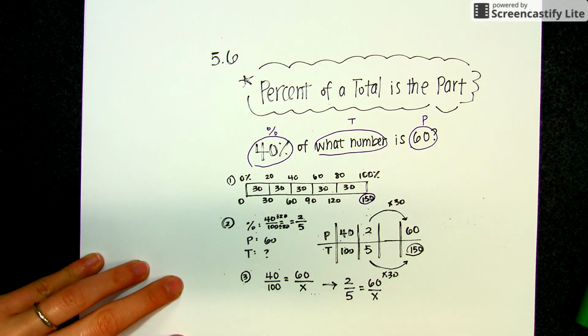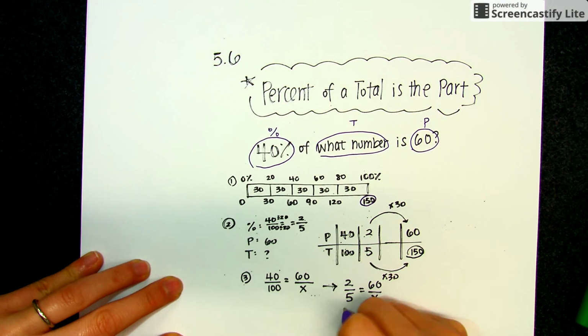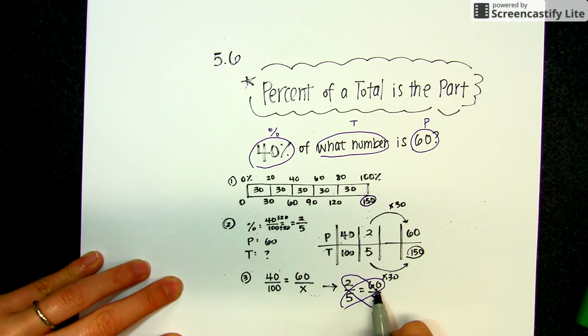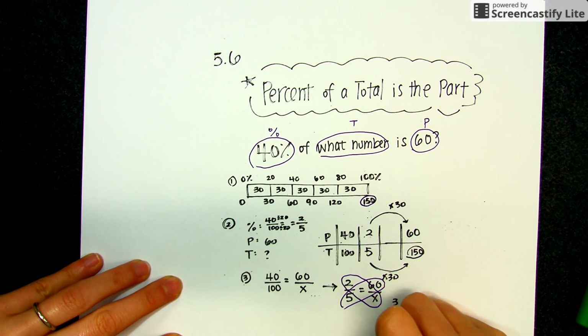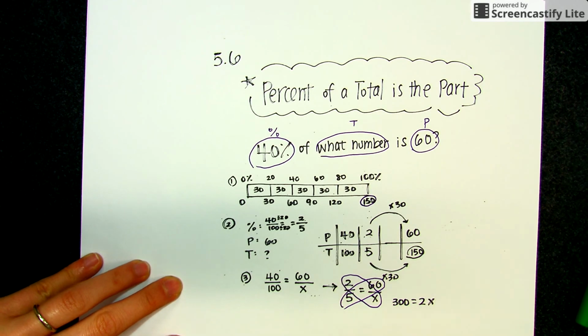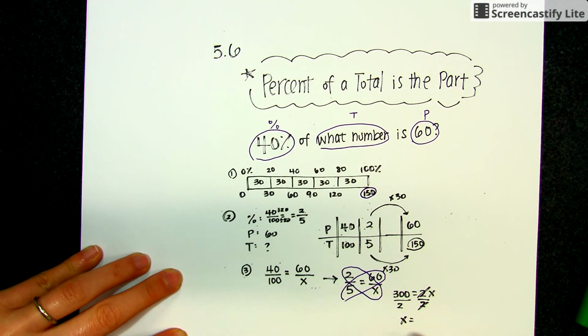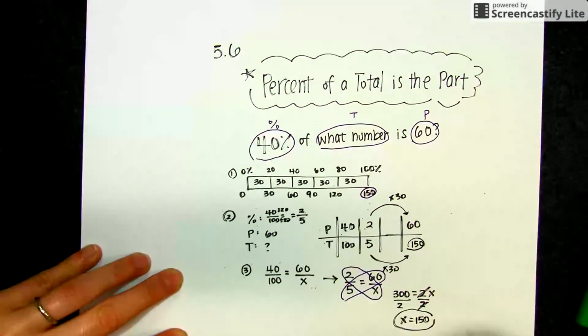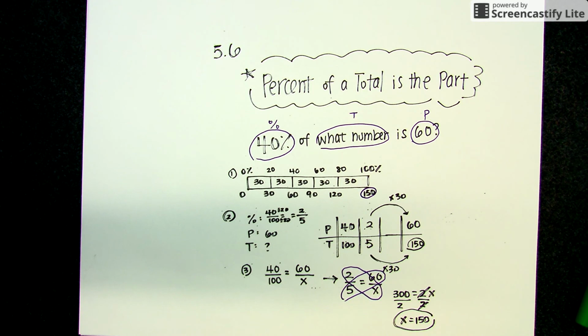Now you're multiplying smaller numbers. Now you cross multiply: 5 times 60 is 300, equals 2 times x, that's 2x. To solve for x, get x by itself, so divide by 2. Whatever you do to one side, you do to the other. 2 and 2 cancel out, so x is by itself, and 300 over 2 is 150, so that's your final answer.